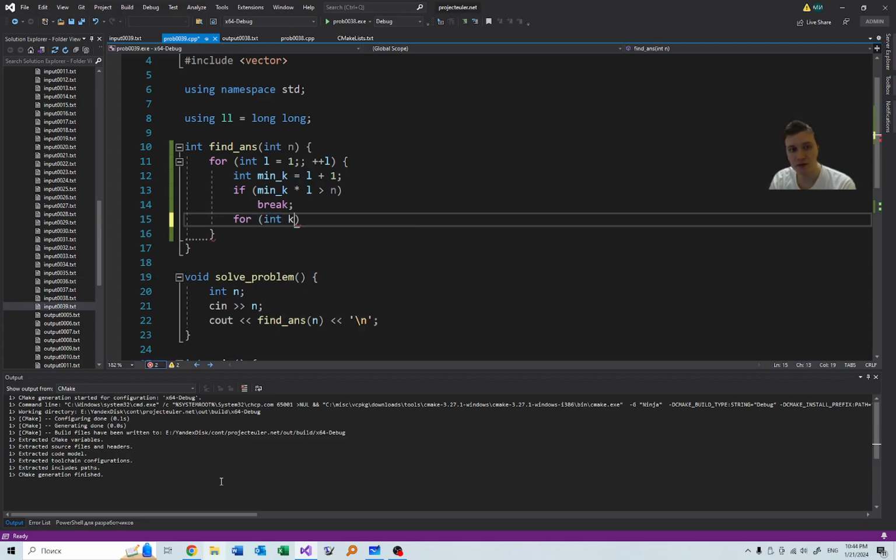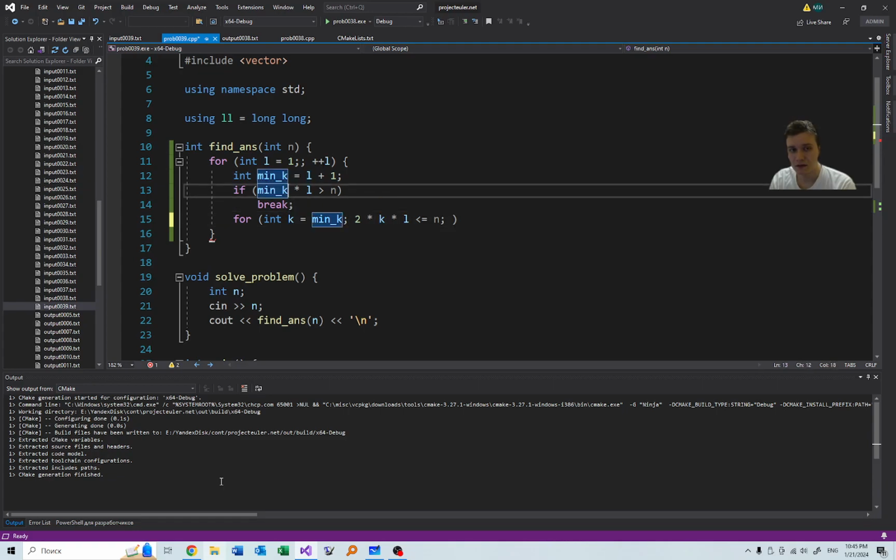Otherwise, we go through all possible Ks such that K times L is at most N. Actually, no. Here we should write the minimum, K plus L. So like this.